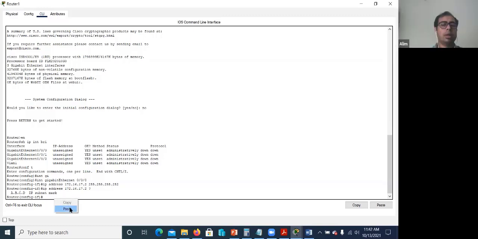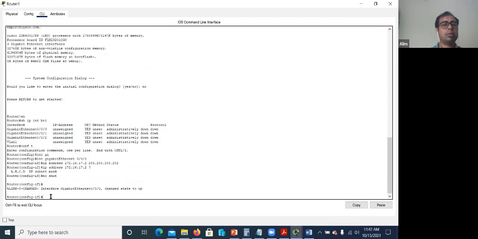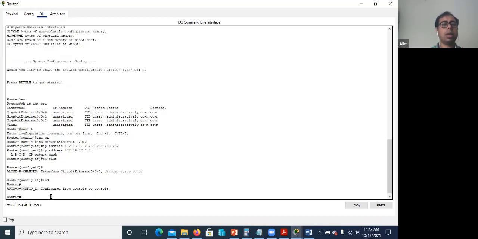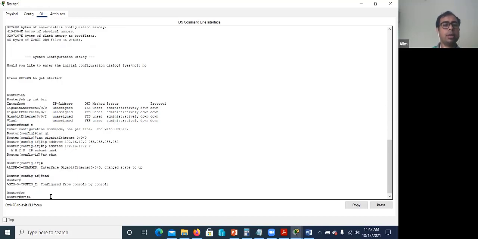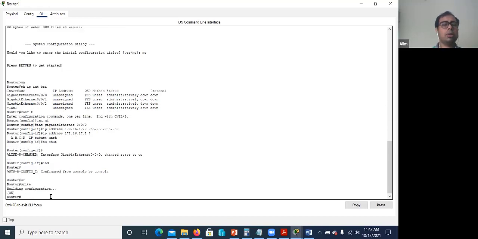You can use the no shutdown command. Sometimes you can also execute the write command, because when we execute these commands, they are in the running configuration.